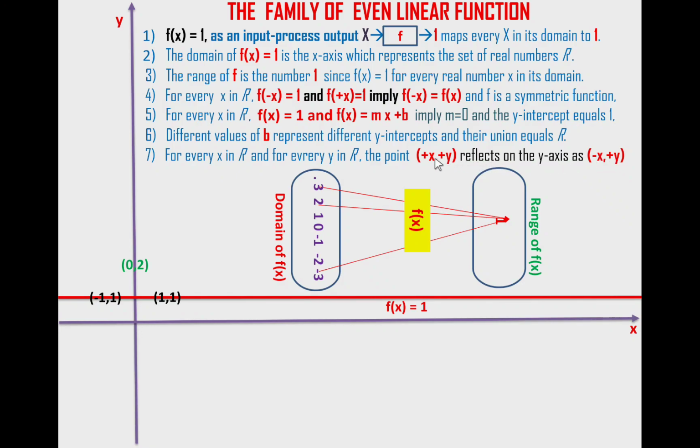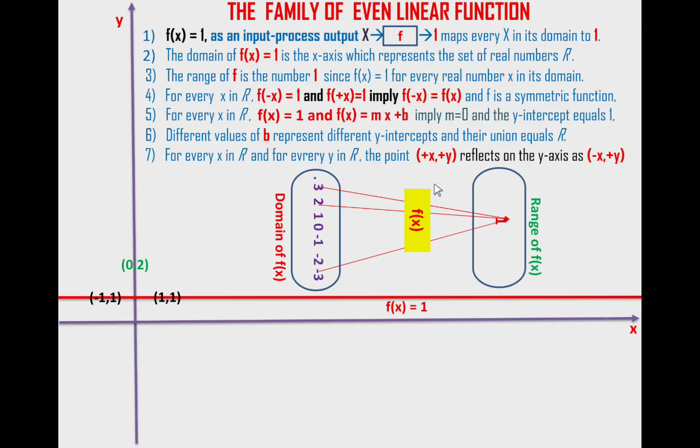One more time, the point plus x comma plus y will reflect on the y-axis as minus x comma plus y. The difference is the following: the plus x will be transformed into minus x, but the value of y will remain plus y, the same, and it is going to be the y-intercept of the function.